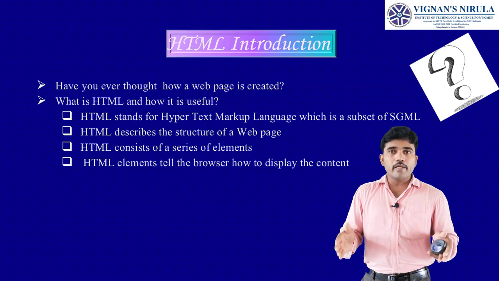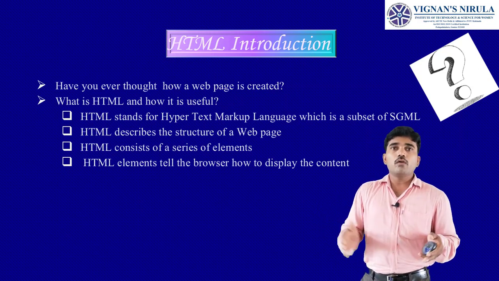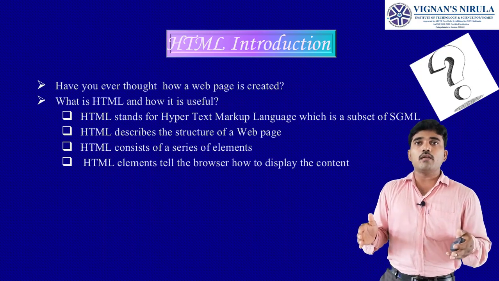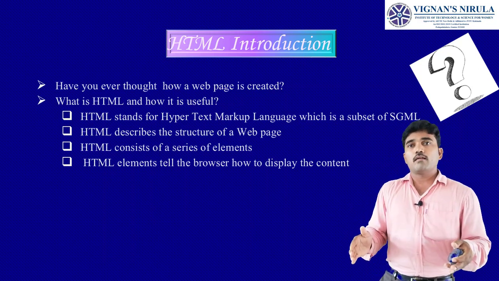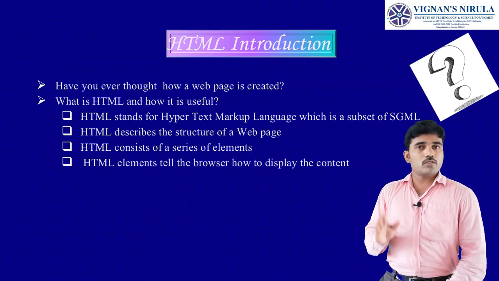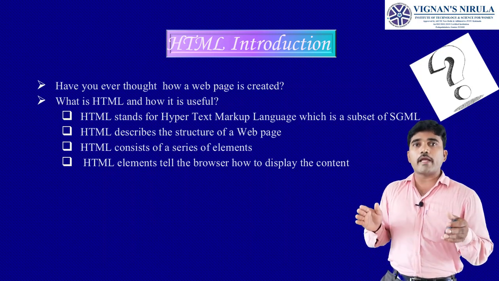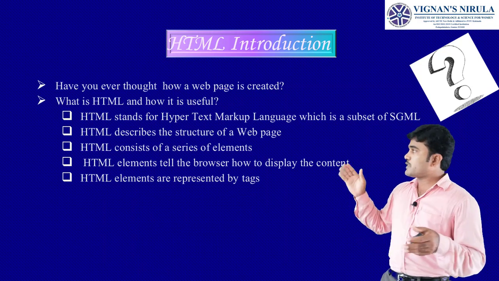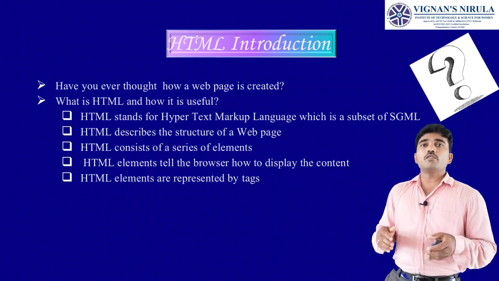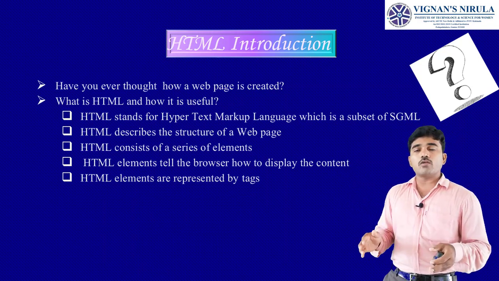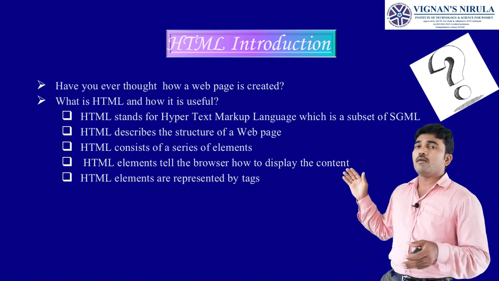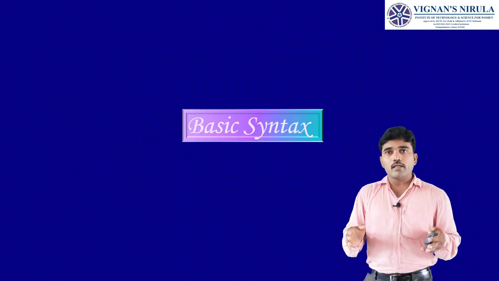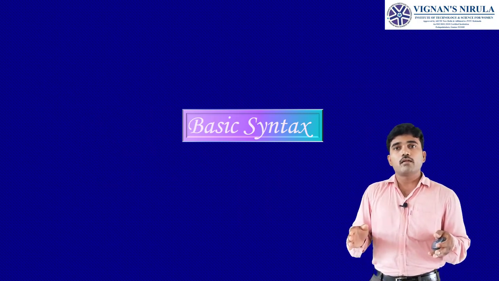These HTML elements tell the browser how to display the web content. Remember students, these HTML tags or HTML elements tell the browser how to display the content. And these HTML elements are represented as tags, so you can call them elements or tags.